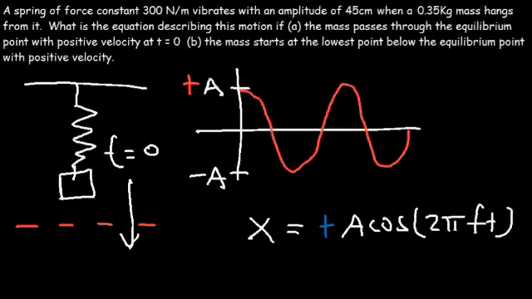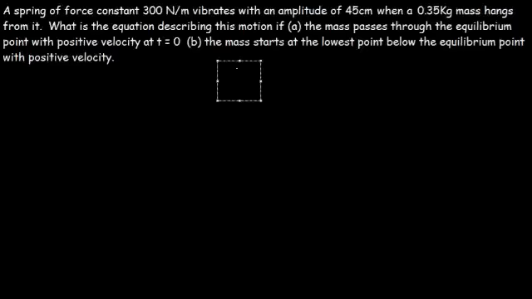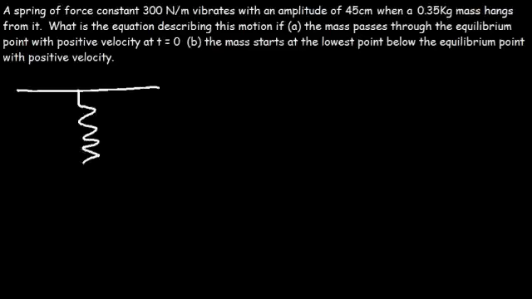But we don't have that situation. This is if it's starting above the equilibrium point and going down with negative velocity at t equals 0. The situation that we have for part A is that it's starting at the equilibrium position and it's moving with positive velocity.